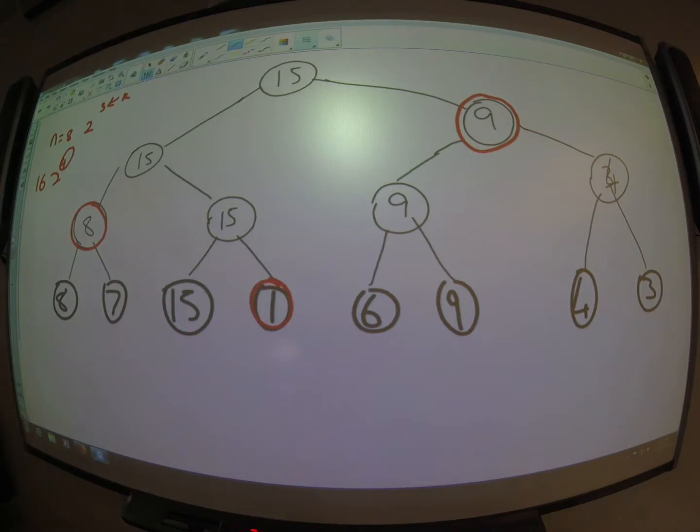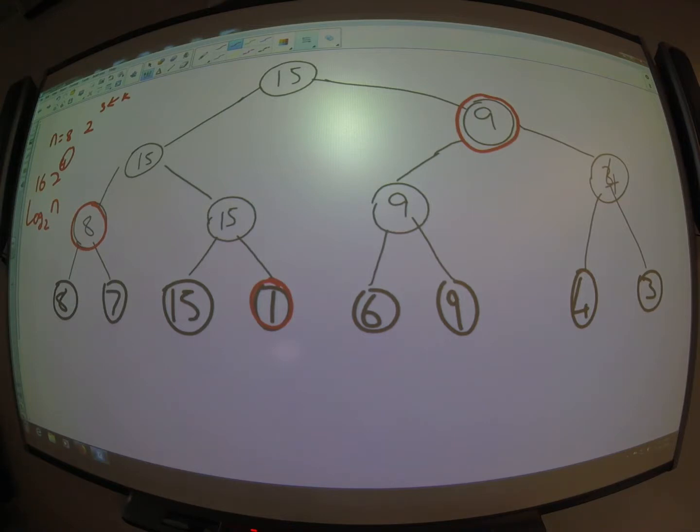So we can say log 2 n will be the height of a tree. If I have 8 elements, the height of your tree will be log 2 of 8, which is equal to 3. So how many comparisons will we need to make to find the second max?